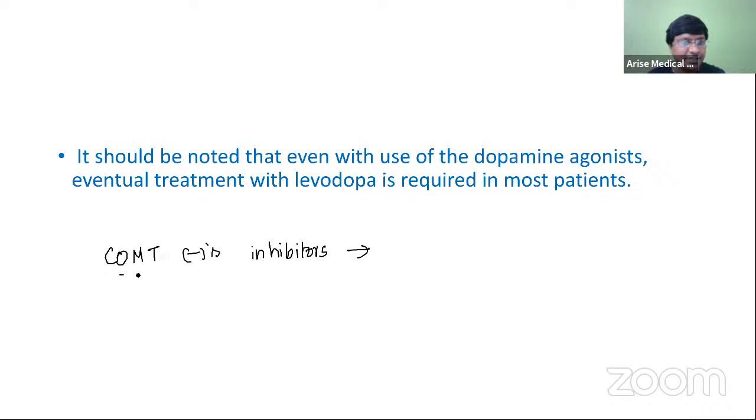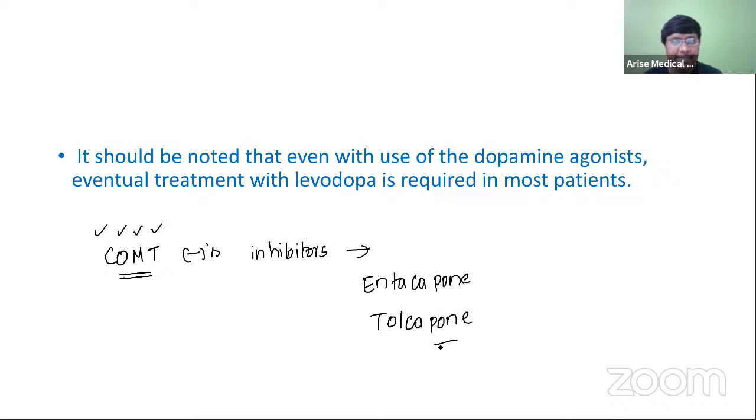What are the COMT inhibitors? COMT stands for catechol O-methyltransferase. And these COMT inhibitors are entacapone and as well as tolcapone. These are the COMT inhibitors that are given in the treatment of Parkinsonism.